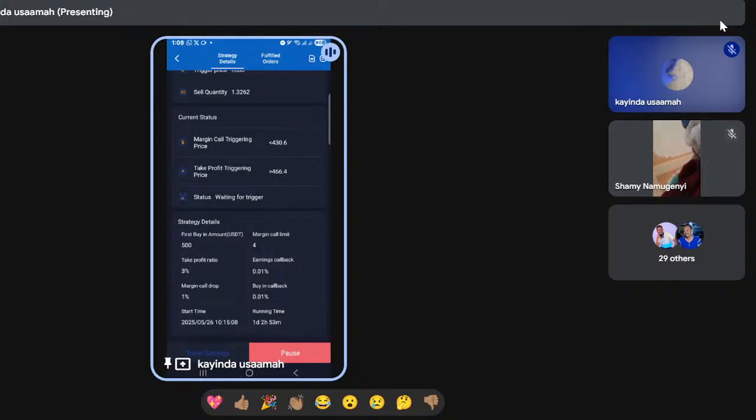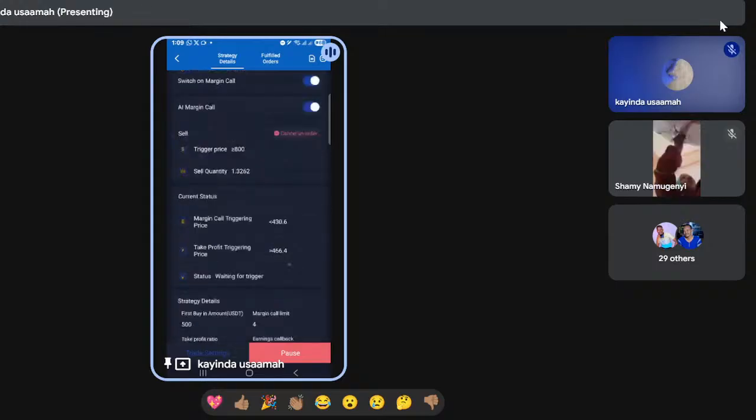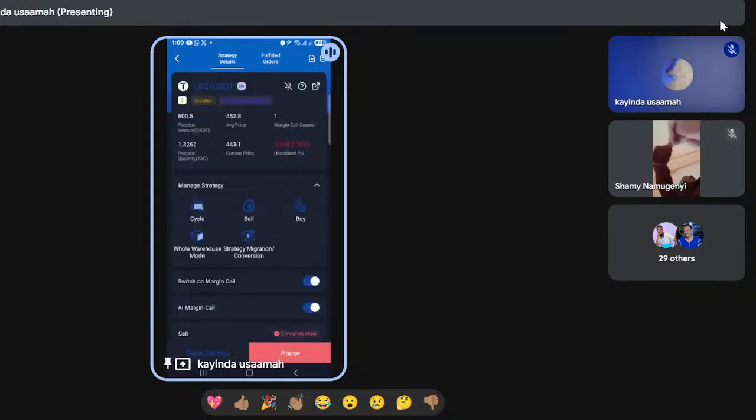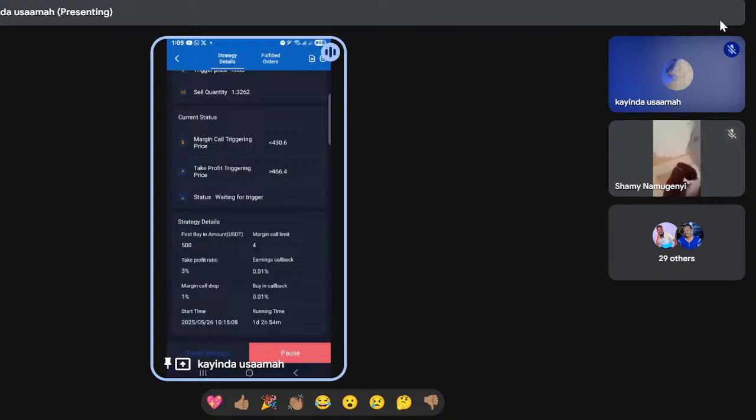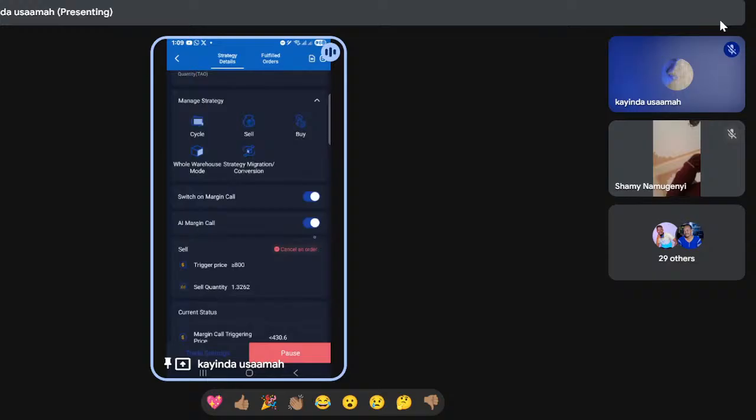Right now the coin is at 444. Now this order is no longer working. This is the current order. The robot is saying, I'm going to sell this coin at $800. Are we learning something?